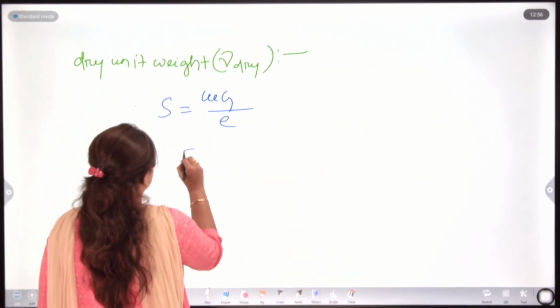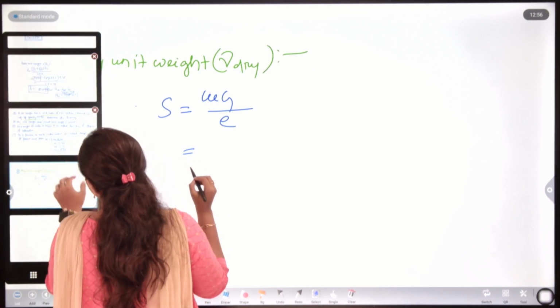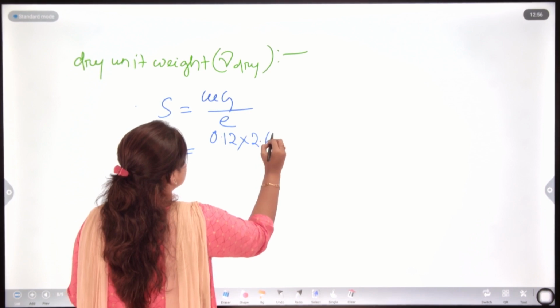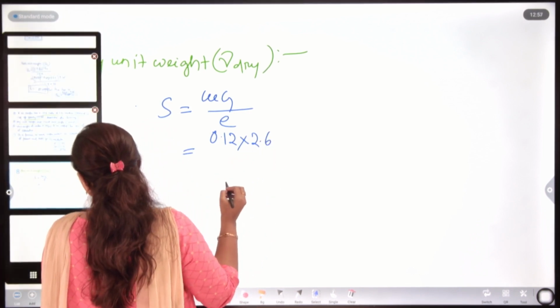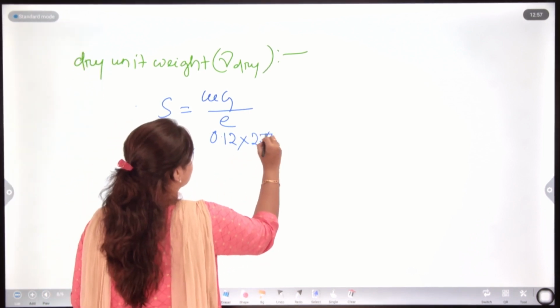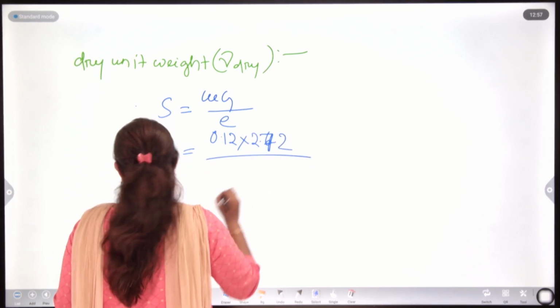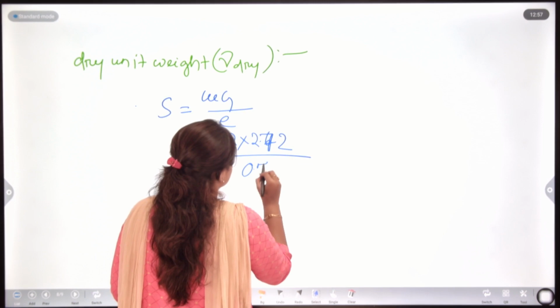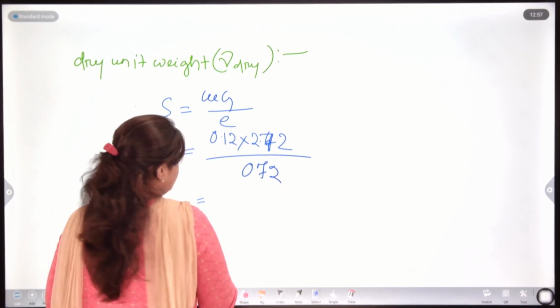So here, 0.12 multiplied with 2.72, and e is your 0.72.